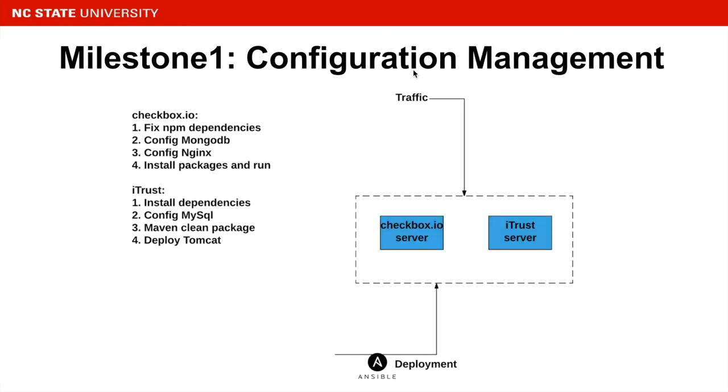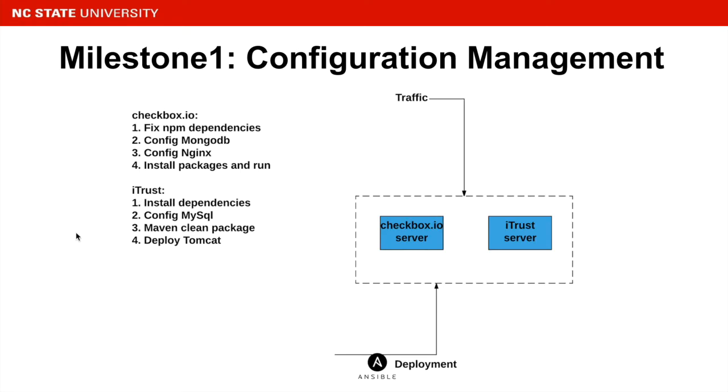This is our milestone 1, which is configuration management. In this milestone, we use Ansible to configure the environment and deploy these two programs to the nodes, and the user can visit these two nodes. In Checkbox.io, we fix the npm dependencies, configure the environment of MongoDB and Nginx, install the packages and run it.